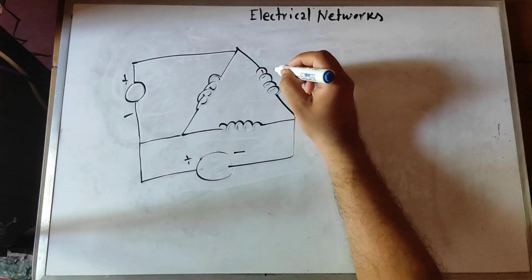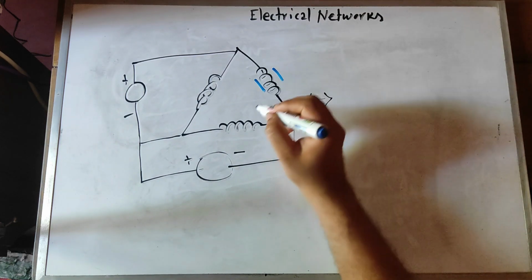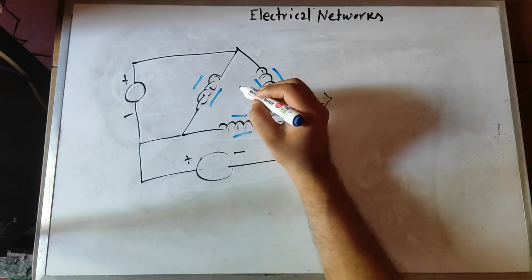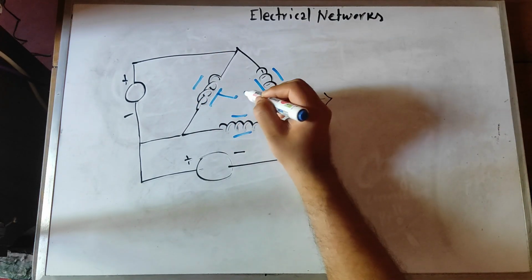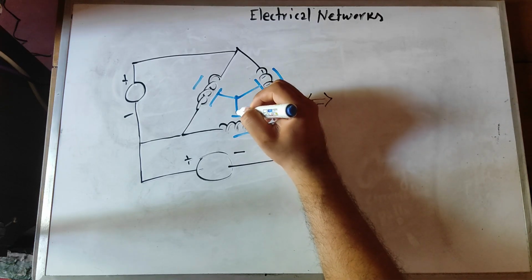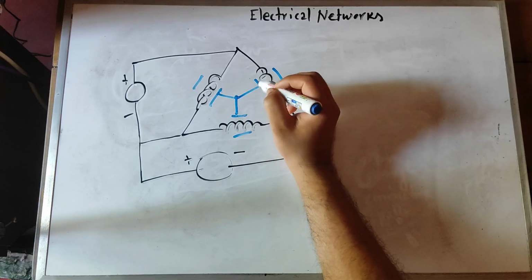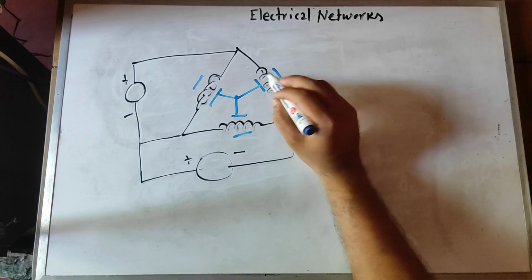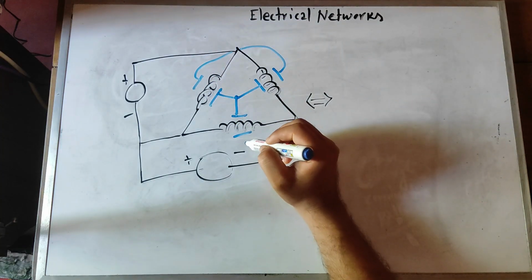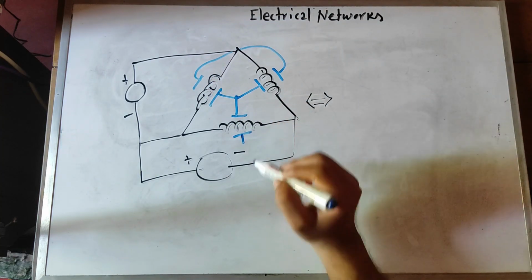We will have a capacitor here, and I am using a different colored marker to give you a good explanation. This is the delta connection we are having.